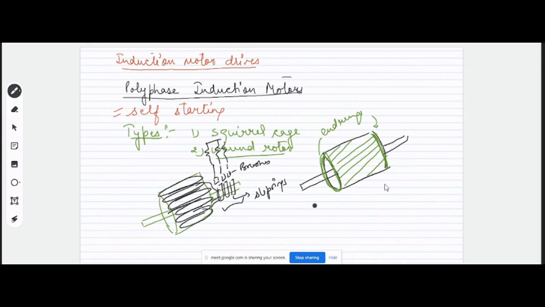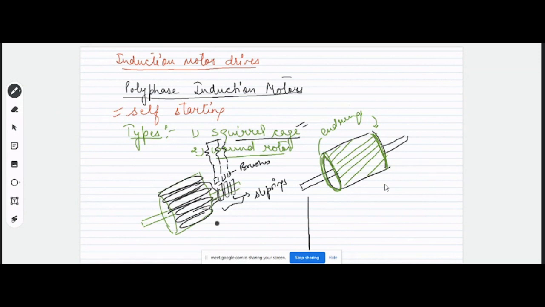So we can conclude that your squirrel cage type motor will be cheaper and rugged and will also require lesser maintenance, right? That's why in most cases you will find that people are using the squirrel cage induction motor.